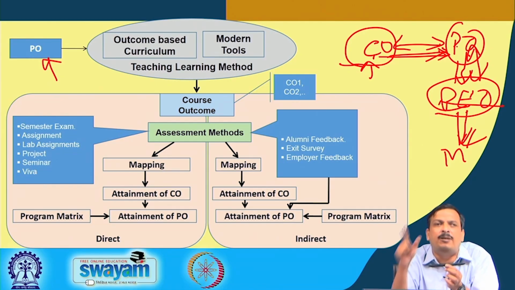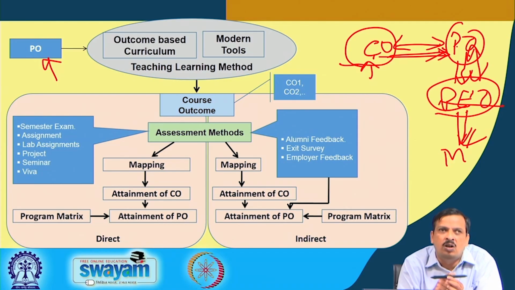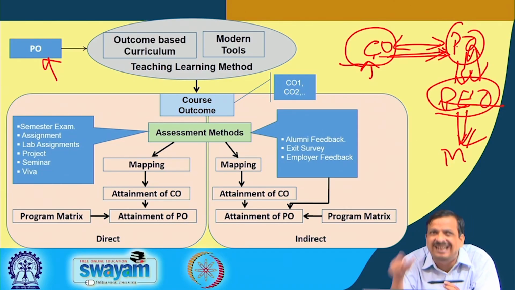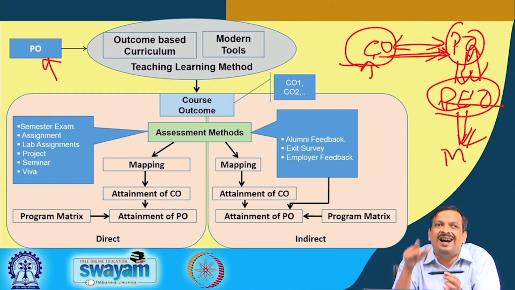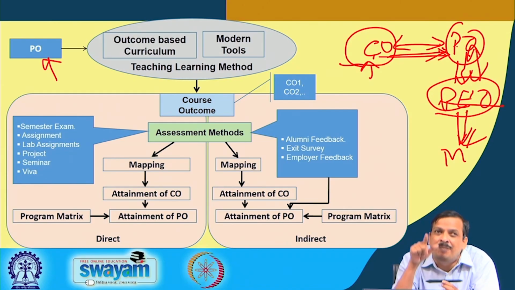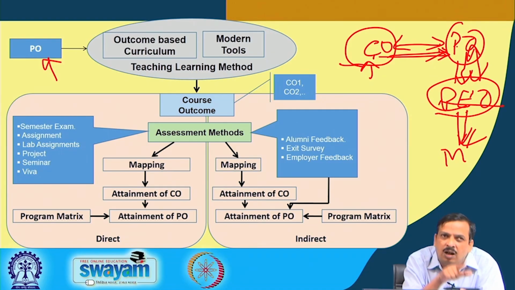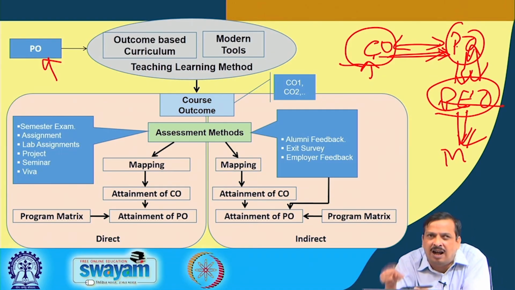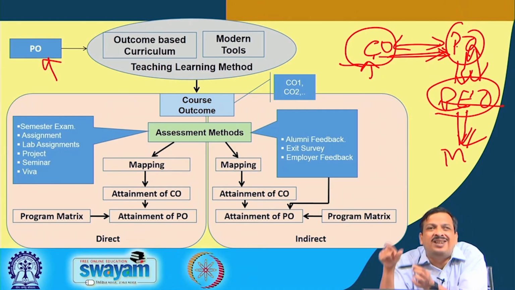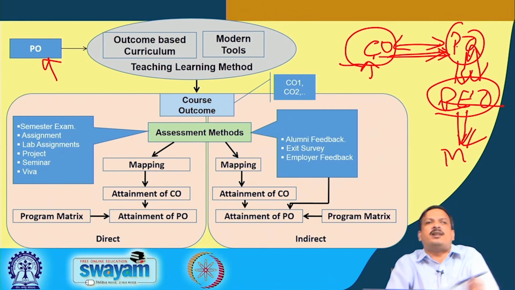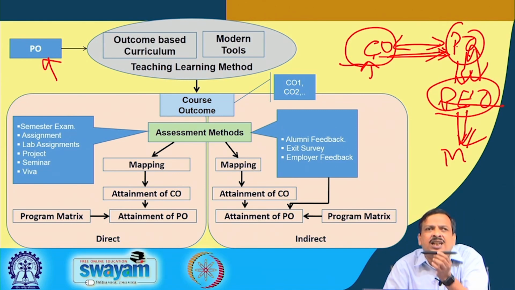The course matrix is developed, the program matrix is developed, but I do not know whether the teaching learning process which I am using in the class is able to implement the outcome based curricula and whether all the students achieve that target. Unless they achieve the target, what is the use of the course matrix and program matrix?